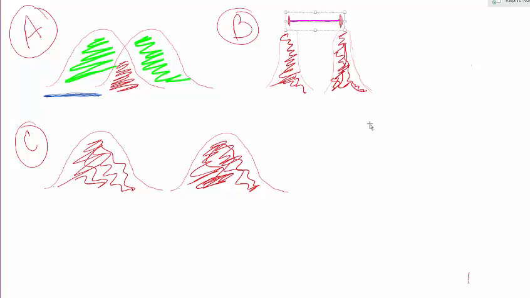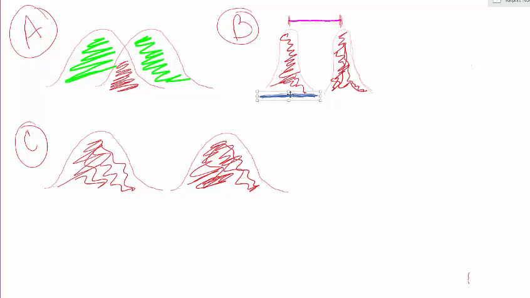What's different about A and B is that this distance from the center of the normal curves in A, this distance is a lot larger.